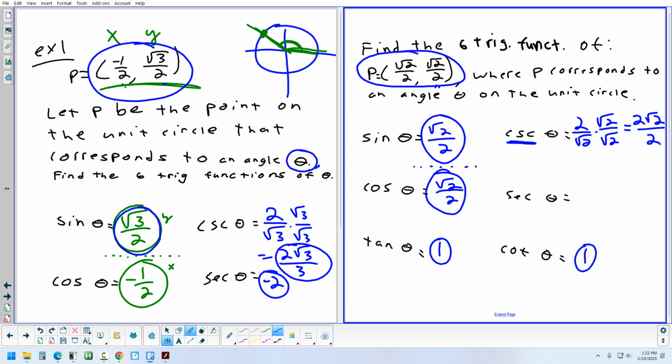A 2. Because you have the same thing in the top and the bottom, you can cancel that. And that is what you end up with. Okay, we're going to be flipping root 2 over 2 a lot. So if you remember that when you flip root 2 over 2 you get root 2, it saves you some time. Because that's a real common one. How about the secant? It's going to be the same thing because the sine and the cosine are the same thing. So there's no reason to do all the work again.